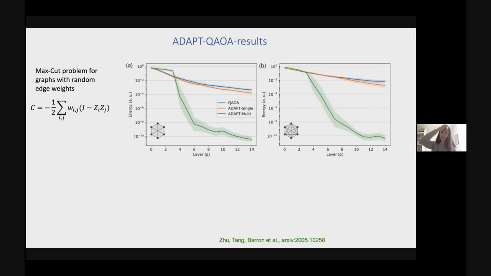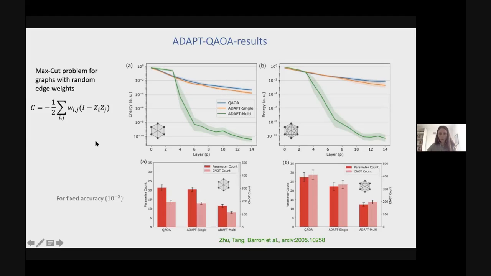So one thing you could ask is, at what cost do you do that? Because my mixer now contains entangling gates, so perhaps you're paying a cost of more entanglement, in which case this improvement would not be surprising. However, what we found is actually you achieve high accuracy here with fewer CNOTs, which I find a remarkable and surprising result.